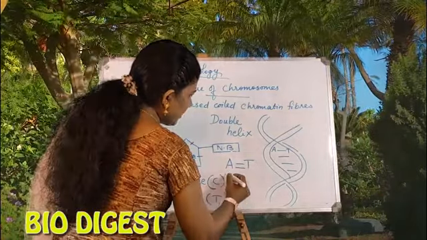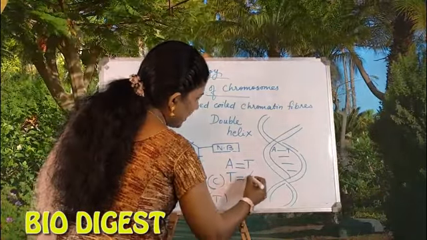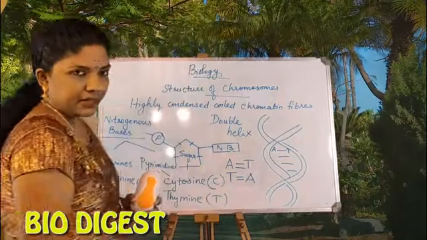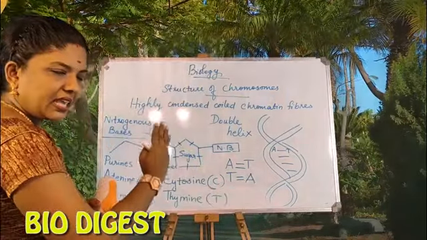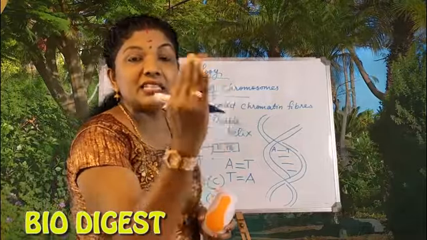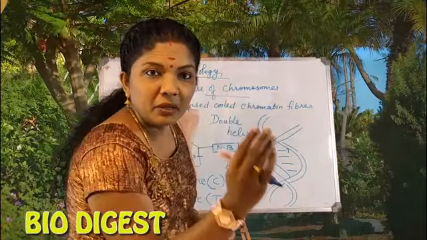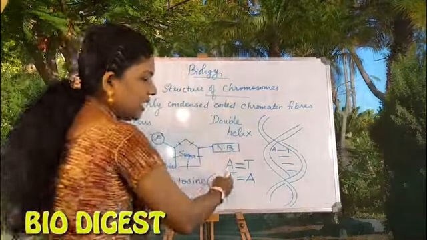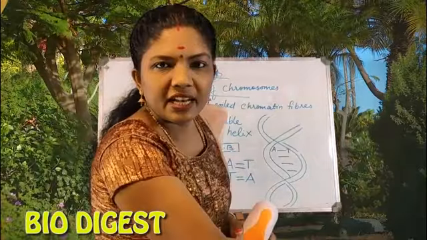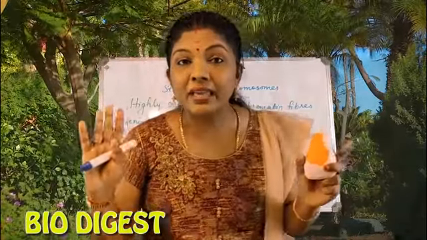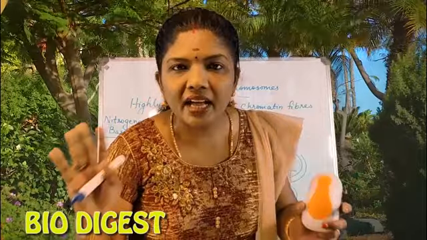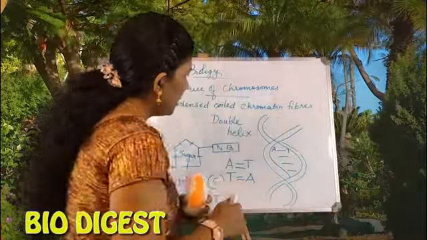If thymine is there first, what will be opposite? There will be adenine. That means A can always pair only with T by a double bond. So if T is there, definitely on the opposite side there will be A, that is adenine, present.